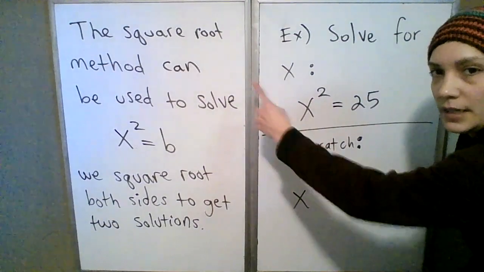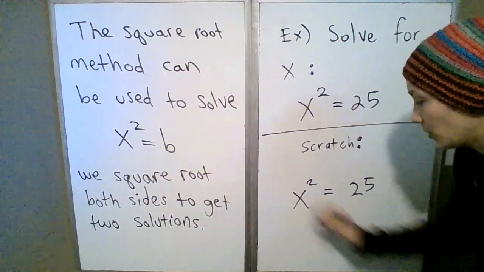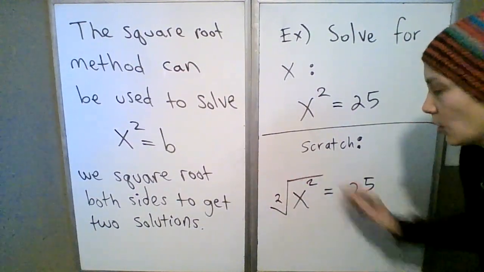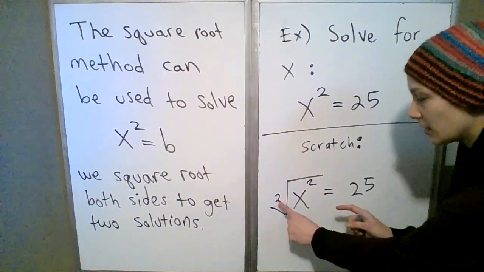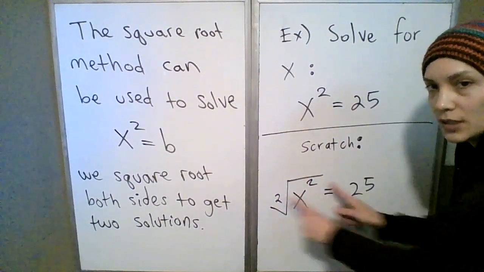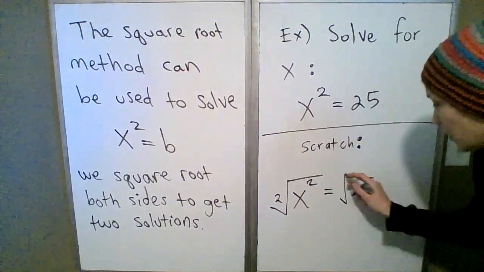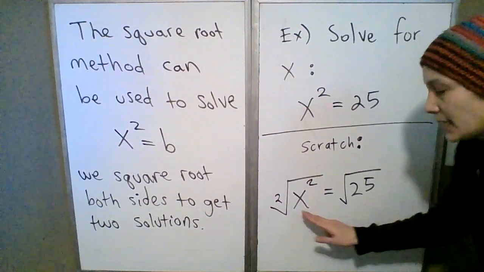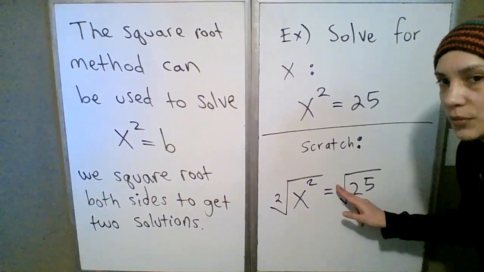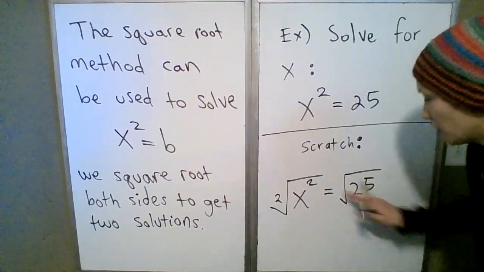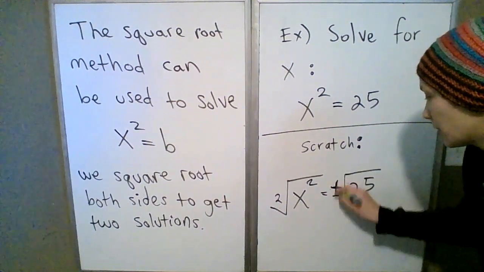Use this method to square root both sides. The square root will undo that power of 2. So that will leave just x, which is our goal, to solve for x and isolate it. So that root 2 matches that power 2, but I need to do the same thing to both sides of my equation. And root this side. And since I have a variable x, I want to put a plus or minus before this root. So plus or minus root 25.